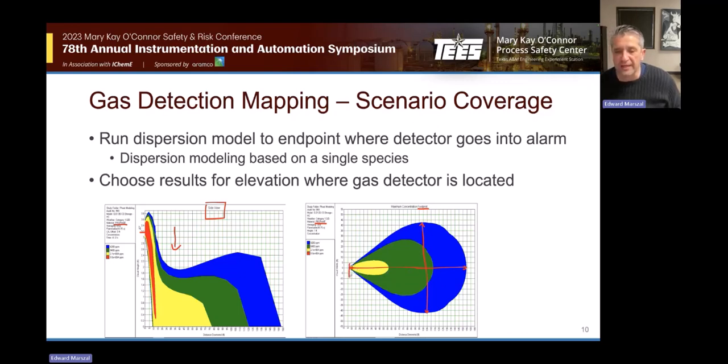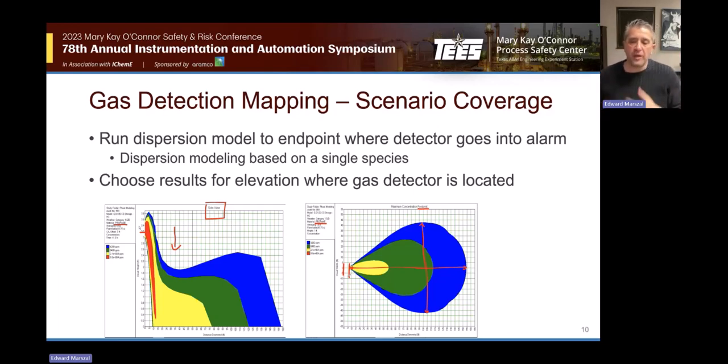And then we're also going to get this thing called the offset, which has to do with elevation effects, in that the detectors are placed at a different elevation from where the release occurs. Thus, there's going to be a gap on where the release is and where your footprint shows up.